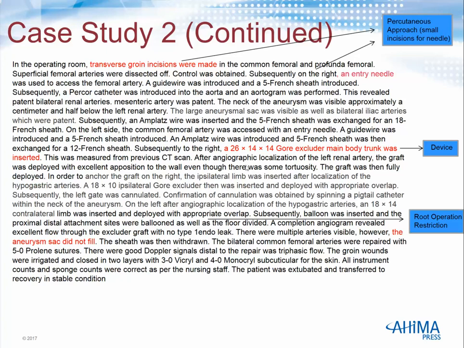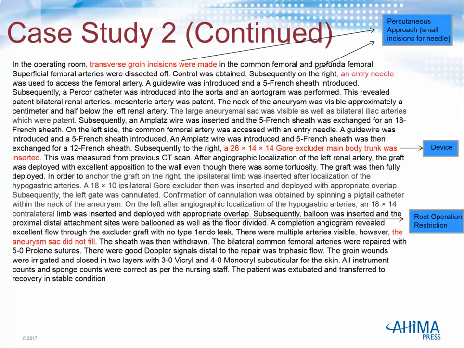So they put something into this patient because this patient has an aneurysm. And then they found out that the aneurysm sac, they didn't actually remove the aneurysm. They're trying to restrict the blood flow to it. So they put this device in the patient to do that.